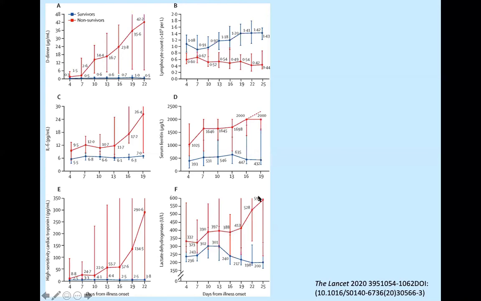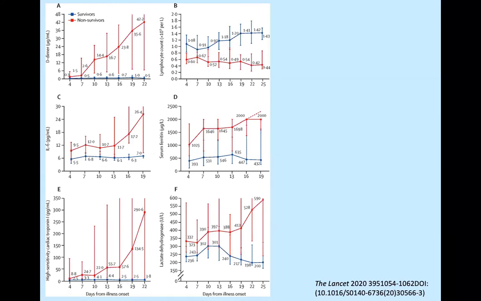And we've used these to track, or at least suggest, that patients are going downhill. And this is against the ones that have survived, where you see that the lymphocyte count tends to stay relatively steady rather than fall, and that the ferritin, the LDH, and the troponin remain either steady or tend to fall or stay within the normal range or thereabouts.